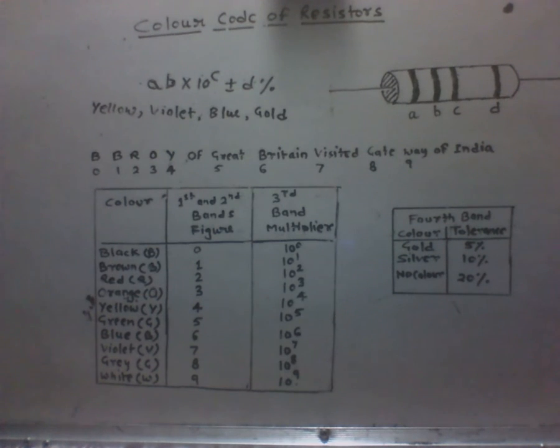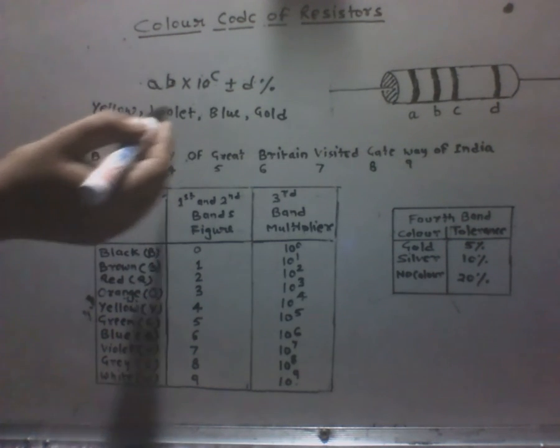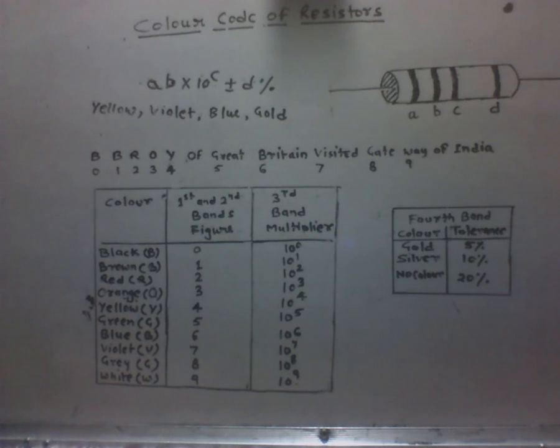And we want to calculate the resistance of that given resistor. Then we will use this formula: AB into 10 to the power C, plus minus D.